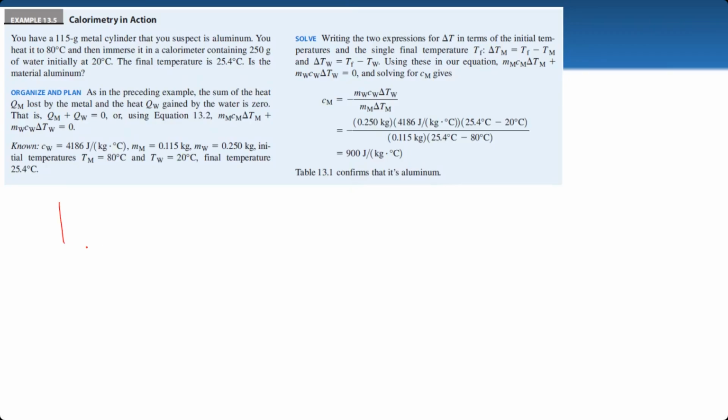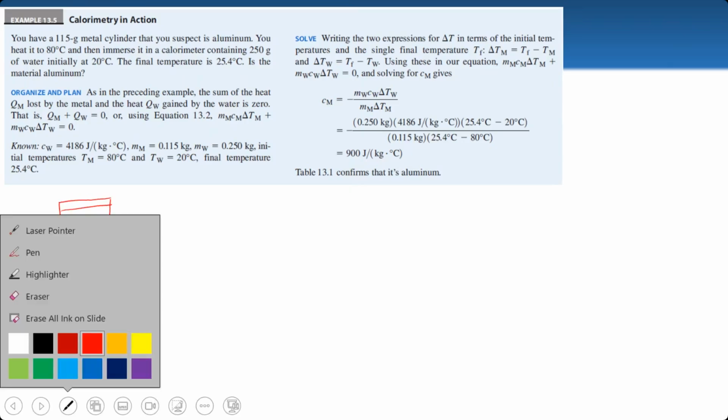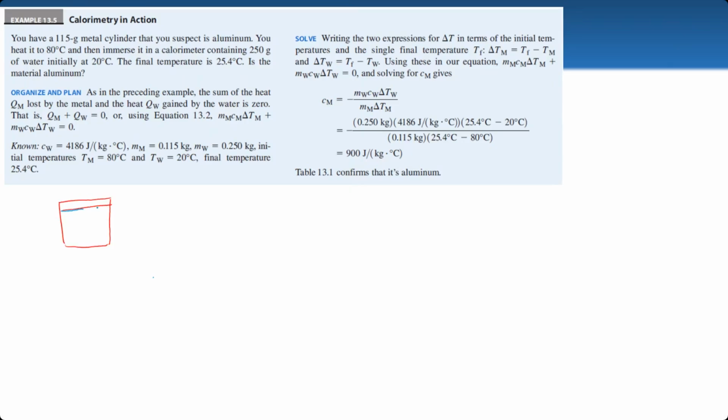So we have here a calorimeter. Like we said, it's a container containing water and insulated essentially. It's closed. And we heat up the aluminum and dip it in this water. Water initial was 20 degrees Celsius.